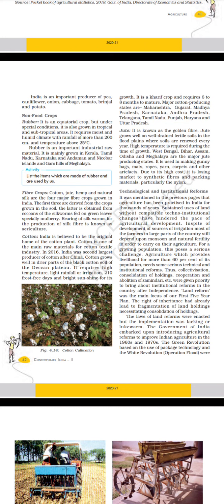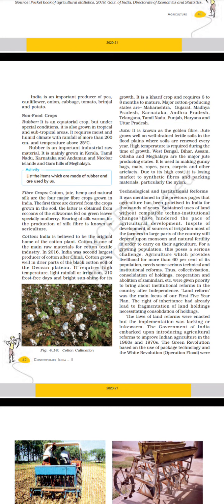In spite of development of sources of irrigation, most of the farmers in large parts of the country still depend upon monsoon and natural fertility in order to carry on their agriculture for a growing population. This poses a serious challenge. Agriculture, which provides livelihood for more than 60% of its population, needs some serious technical and institutional reforms.